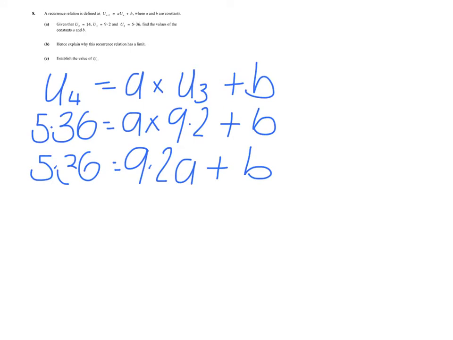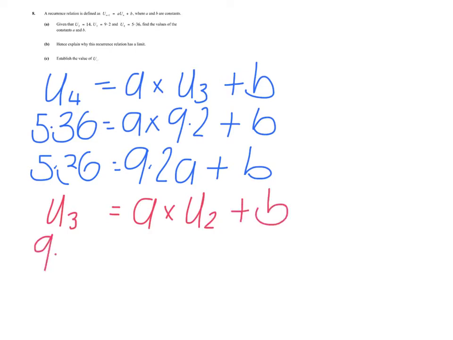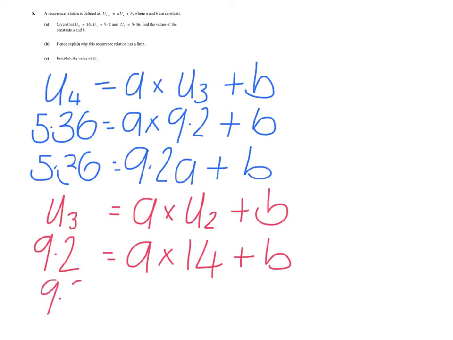What we're going to do next is set up another one. So this time we'll start off with u3 equals. So it's a multiplied by the previous one, which is u2, plus b. u3 we know is 9.2, so it's 9.2 equals a multiplied by u2, and u2 is 14, plus b, which gives us 9.2 equals 14a plus b.